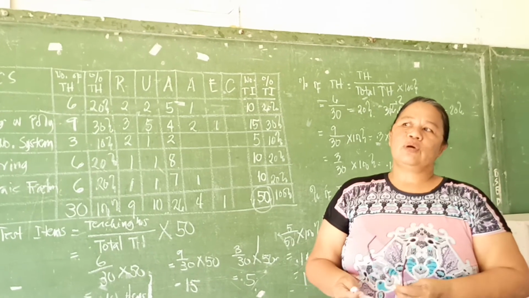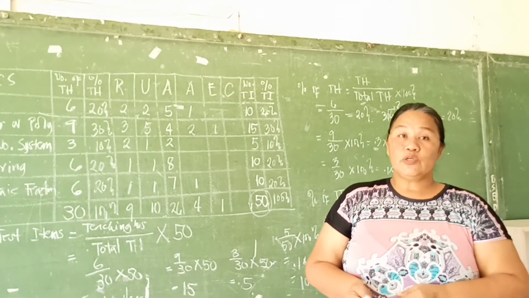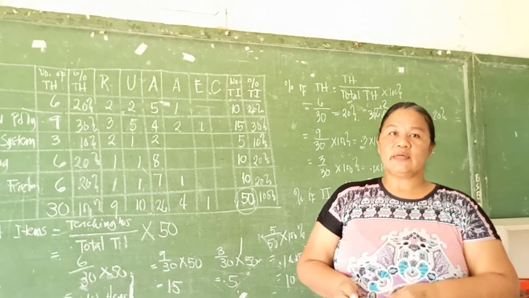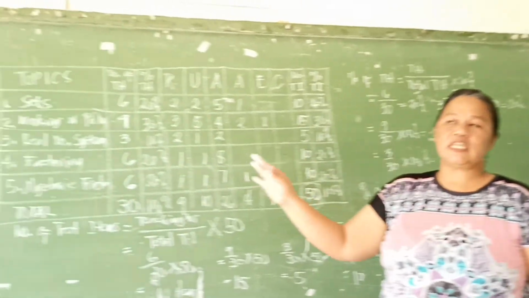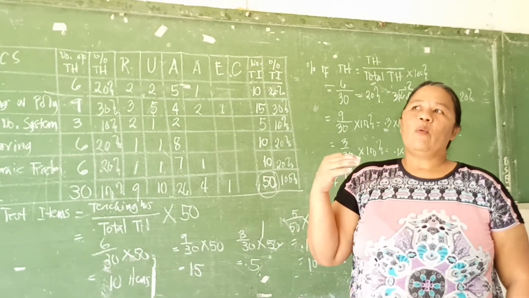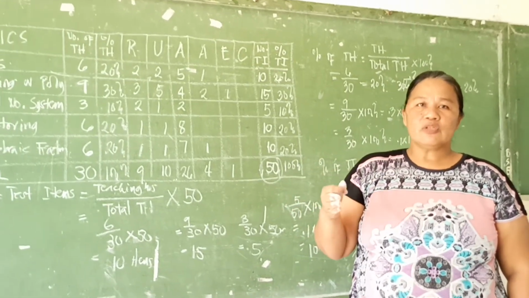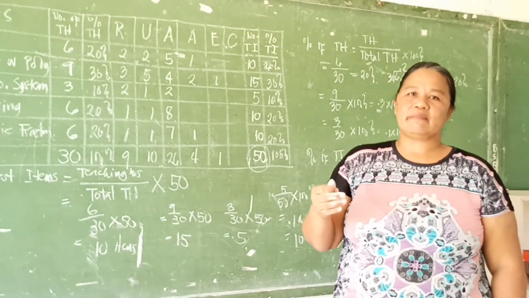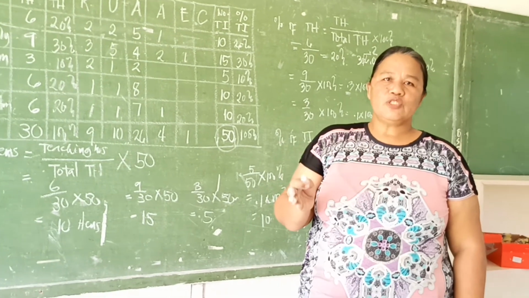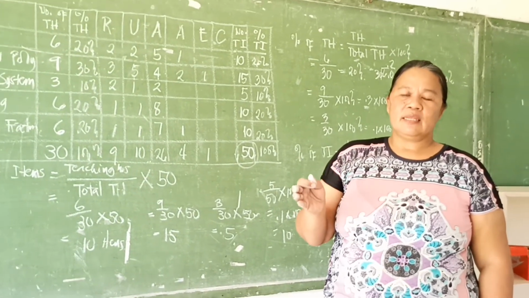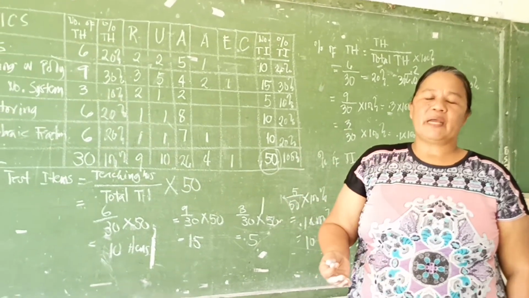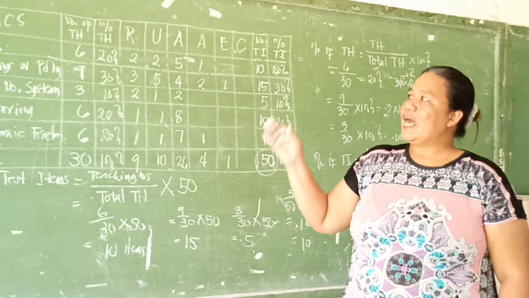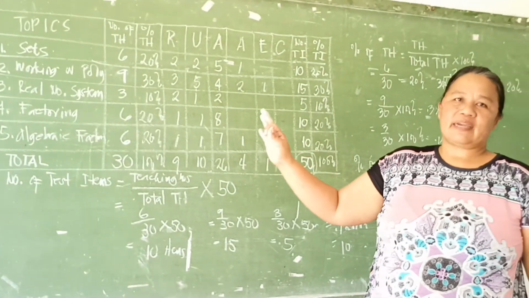And then I have required you to give 5 items for each kind of test. You do the same. You try to use this TOS. So, what will be included and what will be used in constructing your test items? All your uploaded modules from 1 to 10, you just select there the test items that you can apply to the different kinds of tests, and you prepare also a TOS like this.